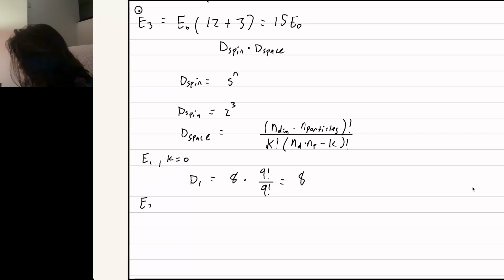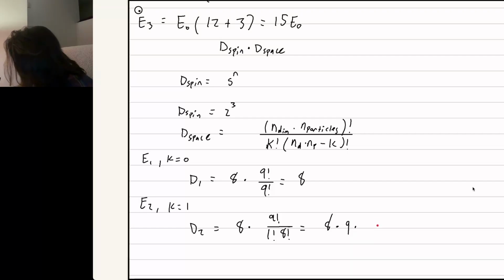For the first excited state, where k is equal to 1, we have d2 is going to be 8 times 9 factorial over 1 factorial times 8 factorial. We're not actually going to calculate both of those factorials. We're just going to factor in 9 out of the 9 factorial, so that we just have 8 factorial over 8, which goes to unity, and then 8 times 9 is 72.